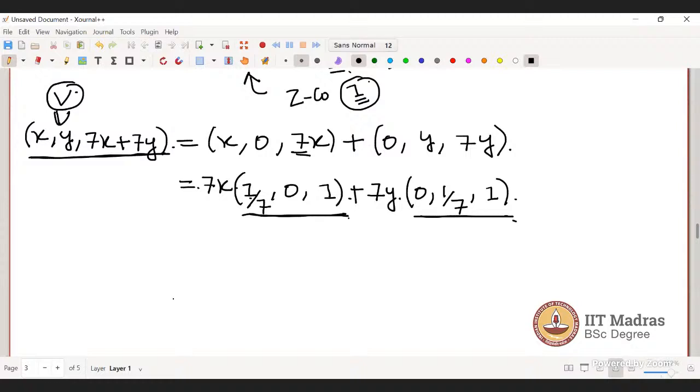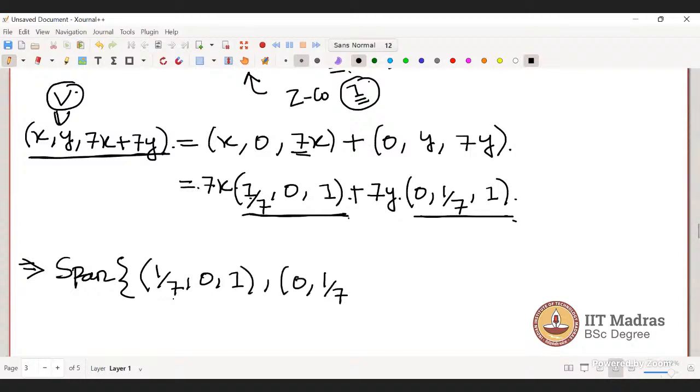I just showed that if I pick an arbitrary element of my vector subspace B, then I can write that element as a linear combination of (1/7, 0, 1) and (0, 1/7, 1), right? So basically what I showed is that the span of (1/7, 0, 1), (0, 1/7, 1) is basically B, right?